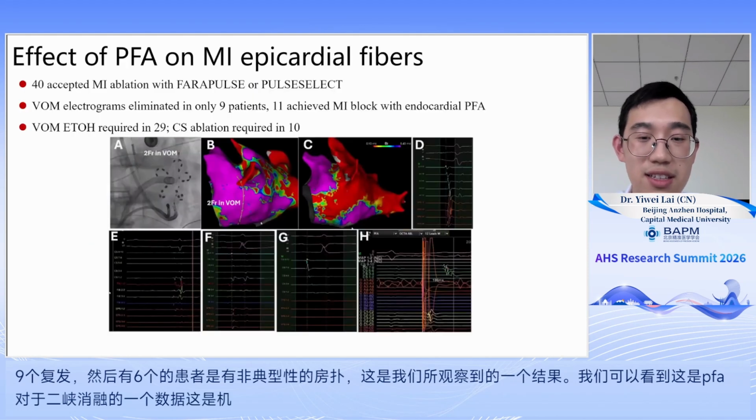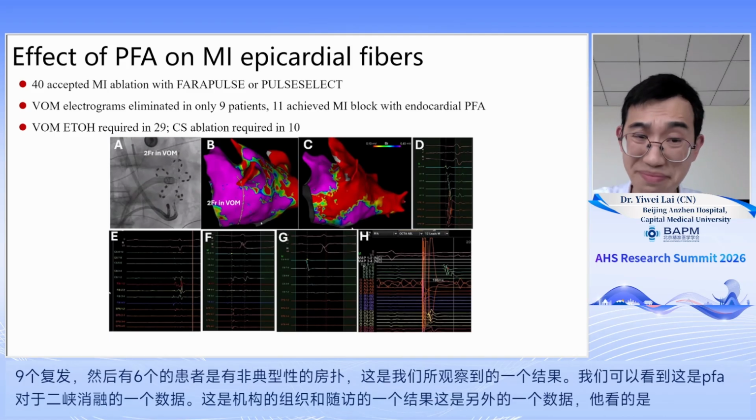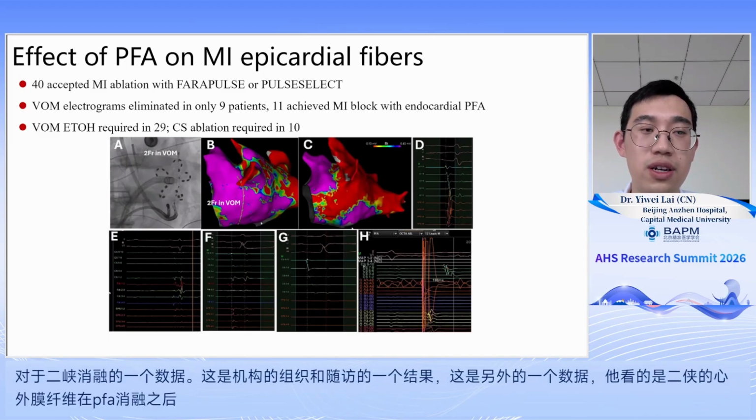And I think this is another data set reported at last year's Ablation Society conference from Dr. Bobby, and they included 40 patients expecting mitral line ablation using Farapulse or other catheters.